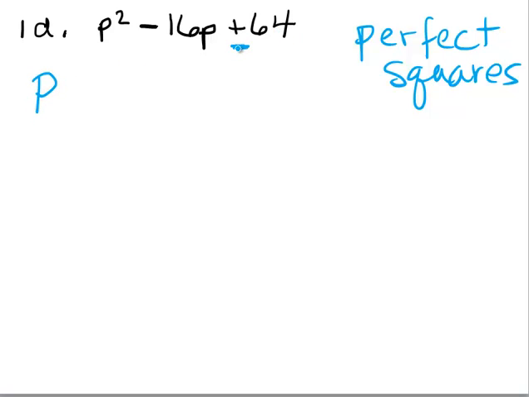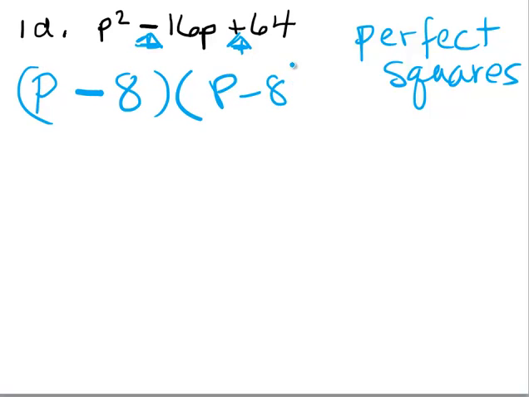This is positive and this is negative. That tells me it's going to be p minus 8 times p minus 8. I can double check that because this middle term would be 2 times this, and 2 times negative 8 is negative 16.